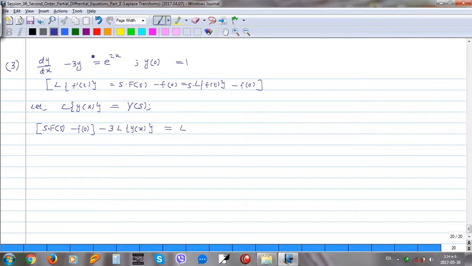Here I applied the Laplace transformation at once. It means the Laplace transformation of y dash x, then I wrote this part. I did them both at once, that's why I wrote this equation directly. Then here the Laplace transformation of e to the power 2x.